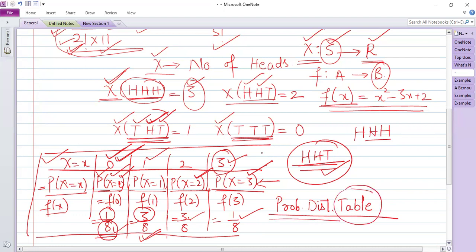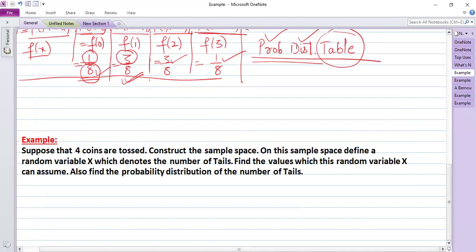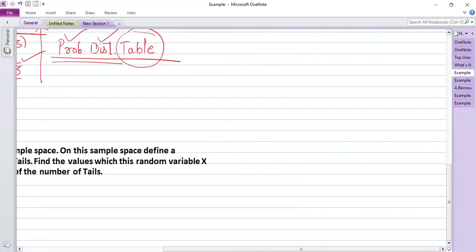We simply say that this table is nothing but our probability distribution. It is just like the frequency distribution tables we used to have in our lower classes, if you recall.